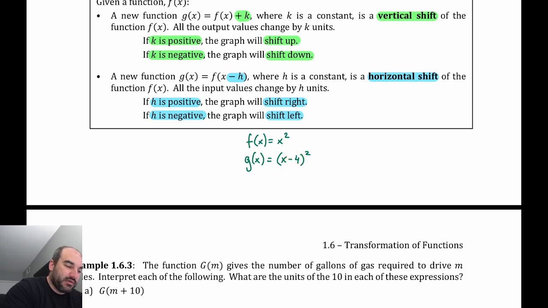How do we know that? Even though it's kind of weird because it's minus? Because the h is in standard form. In standard form, it's negative. Good. So this minus matches the standard form of how we've learned or how we've defined these shifts. So this 4 here means the h is 4, which means we have a shift right.